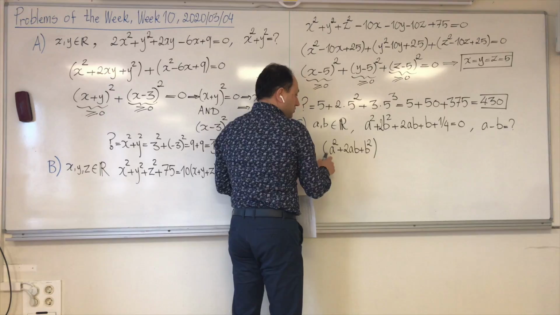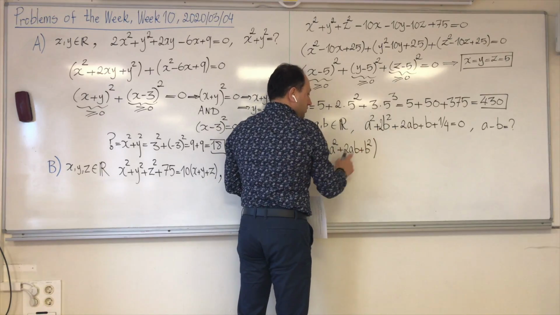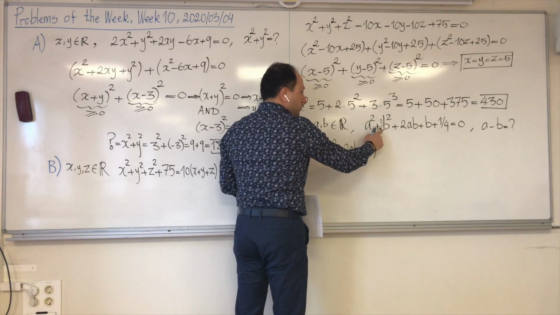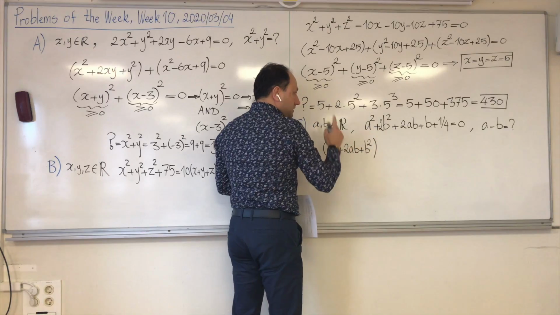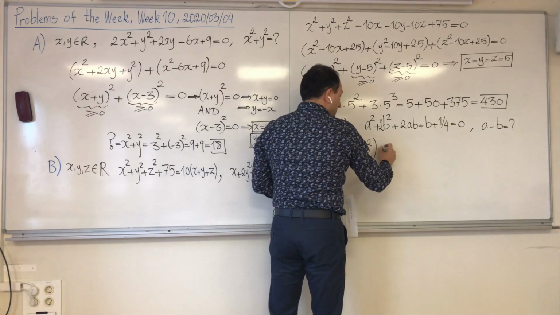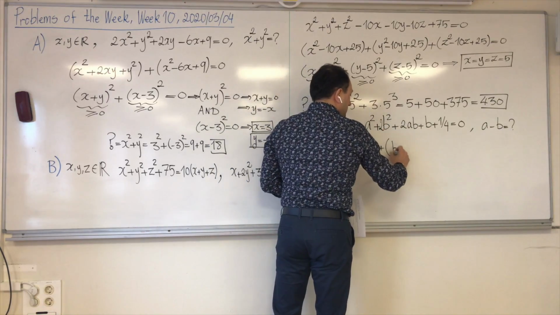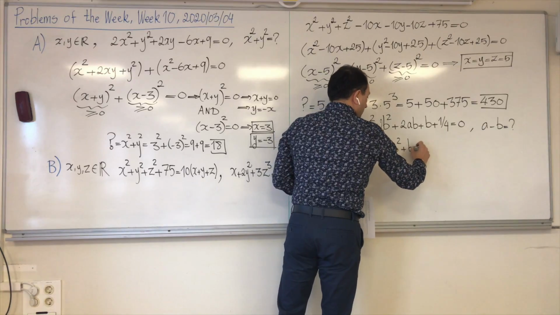So I used A^2 totally, 2AB totally, but one of these B^2 is still left. So I take that B^2 and put it next to these two terms.